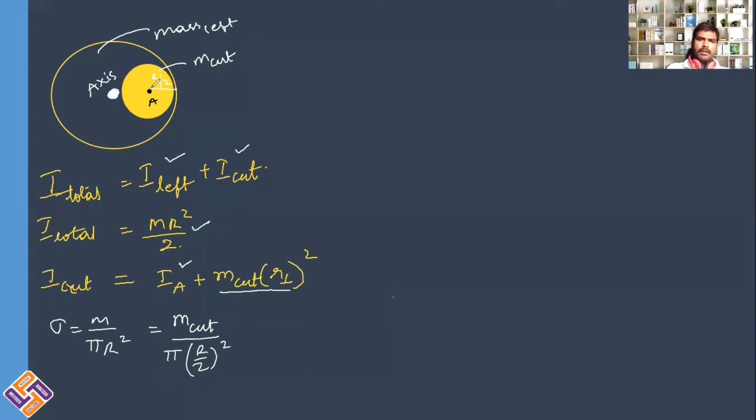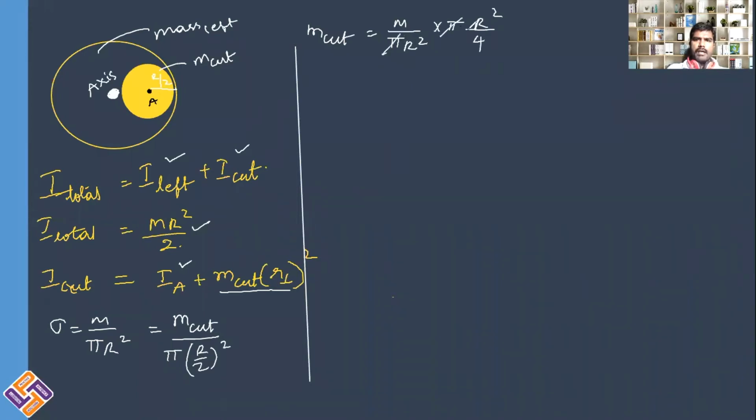Now you can write mass of the cut portion is equal to capital M divided by pi r square into pi into r square divided by 4. This pi gets cancelled, r square gets cancelled. Mass of the cut portion will be equal to M by 4. Then mass of the left portion will be 3M divided by 4, that is the mass of the left portion which is left over here.